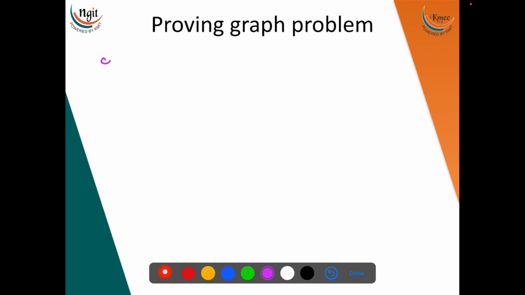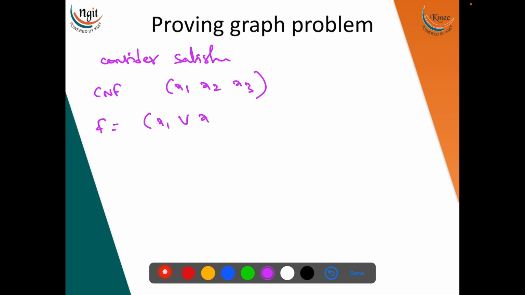Now consider a satisfiability formula in CNF, conjunctive normal form, with arbitrary variables x1, x2, x3. Now that formula is (x1 or x2) and (x1' or x2') and (x1 or x3).